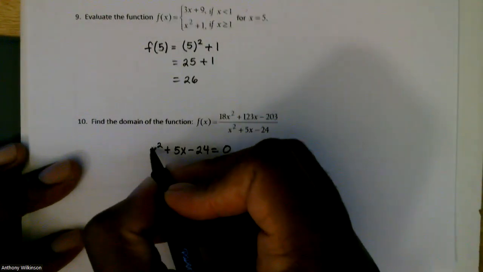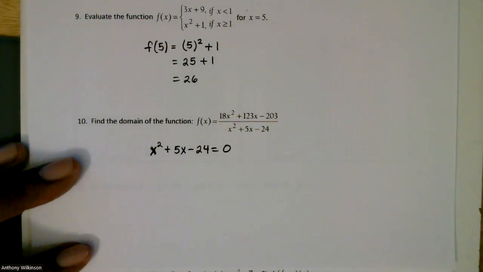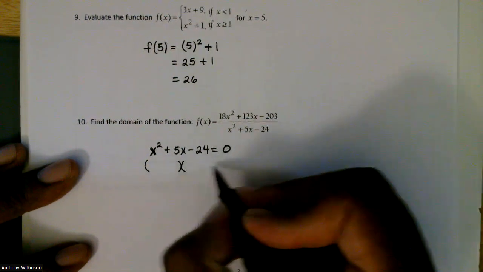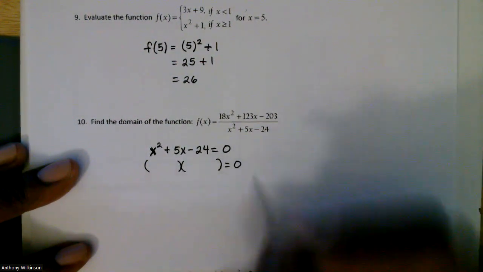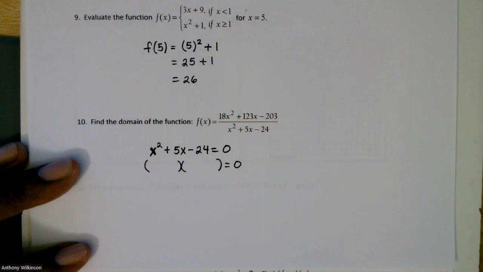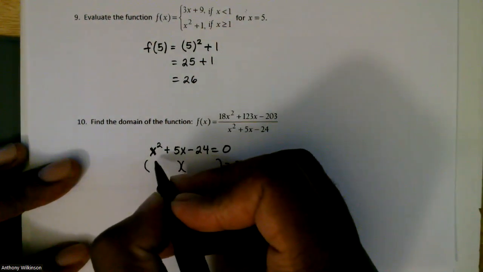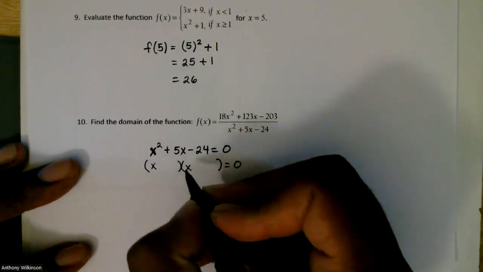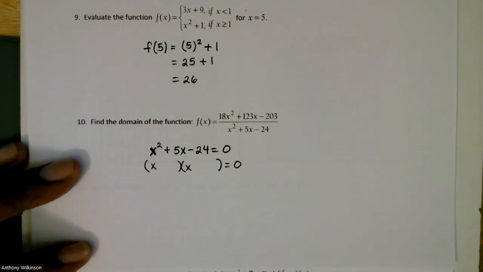So here we got a quadratic equation. So in this case here, I'm going to factor the x squared plus 5x minus 24. And I'm going to find out what the two factors are. So here, bring down the x and the x, because x squared is what that would give me when I multiply x times x.